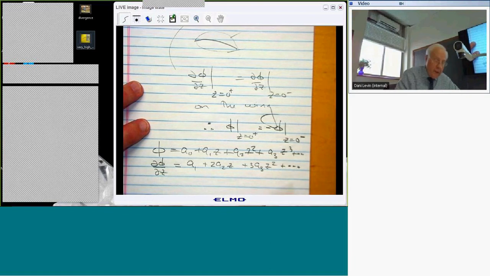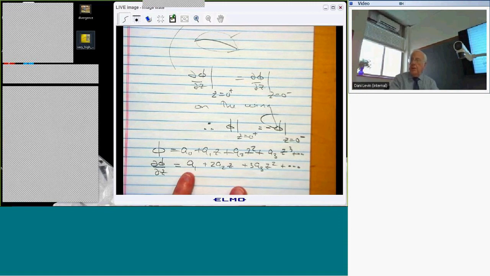If I want this to be the same for both z plus and z minus, then a1 needs to be 0, right?